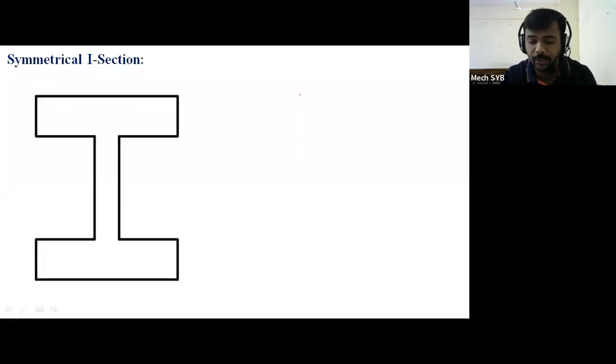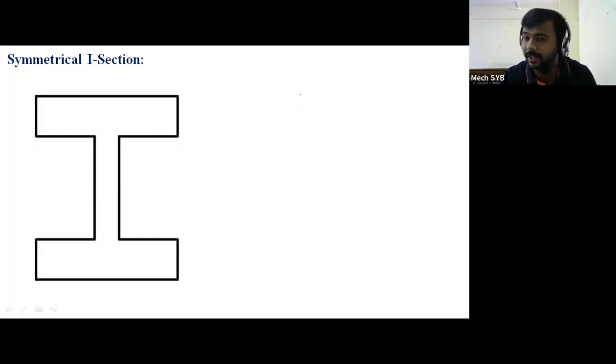All the sections we discussed in the previous lecture are symmetrical about the x axis. If you take the example of the circular section, its CG is concentrated at the center point. Therefore, the section is symmetrical about the x axis. That means the portion above the neutral axis and the portion below the neutral axis are the same.